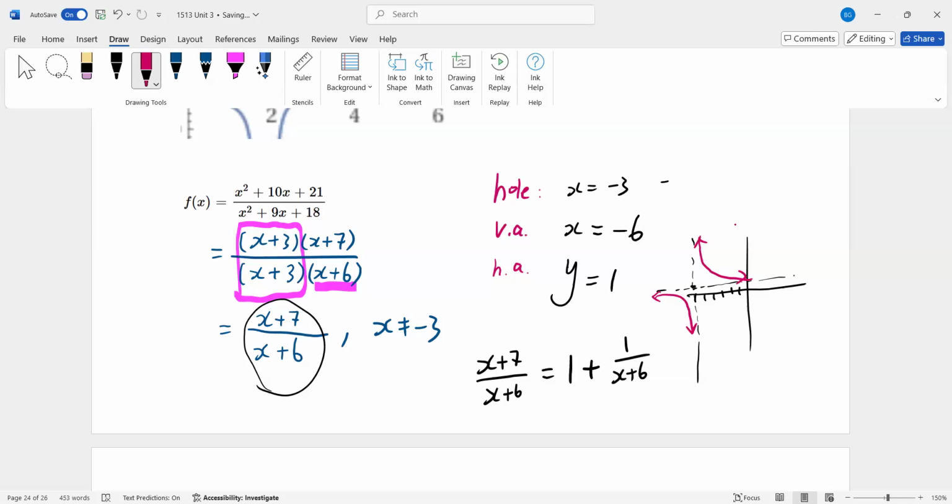Where's negative 3? Negative 1, negative 2, negative 3. But it has a hole here. This is the graph of the original rational function. It is a hyperbola with a hole in the top right branch.